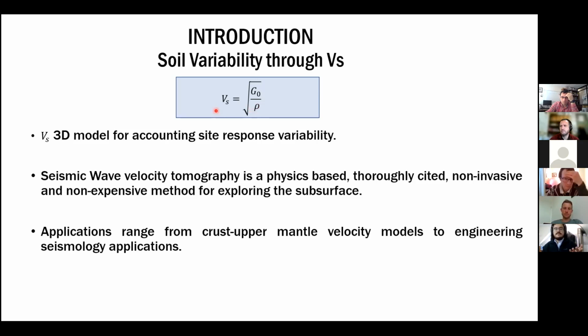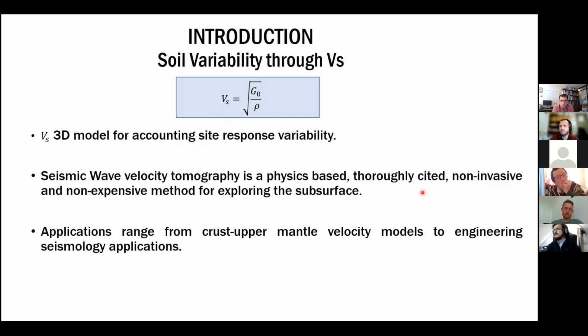We can get a VS model by means of a seismic wave tomography. A seismic wave tomography uses seismic waves arriving at recorders A and B, from known or unknown source locations, to generate wave velocity models.